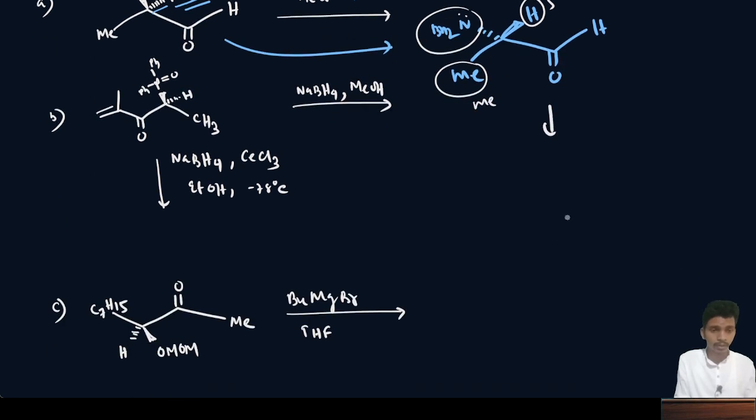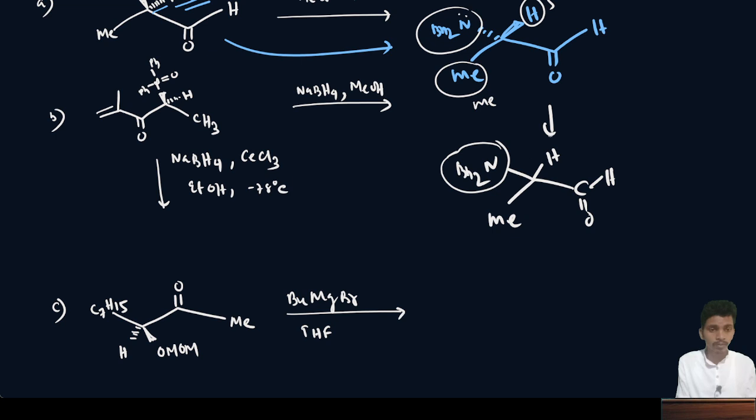For that, this will be the methyl, and this is H, and this is NBn2. Now I want this large group syn, so I just move it from here to here.